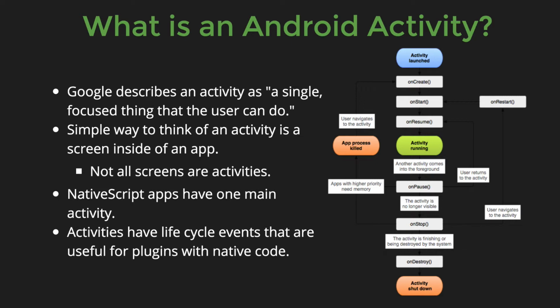And so to understand activities, you need to have a decent understanding that an activity in Android has life cycle hooks, basically. So everything from when it's started, when it's launched, when it's paused, stopped, and resumed. So those activities are very crucial when you're working with plugins, because there are some SDKs and third-party libraries that you need to set up event hooks or listeners when these activity lifecycle events occur.